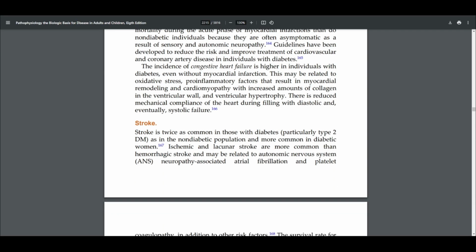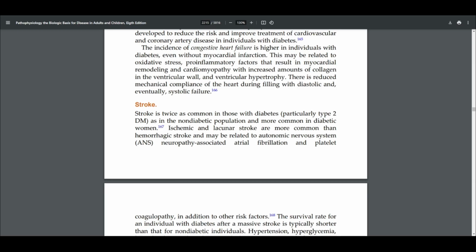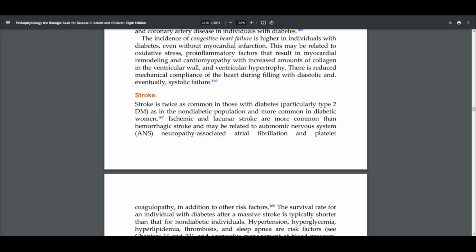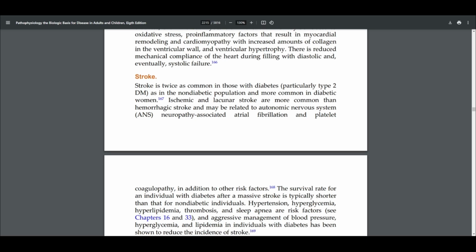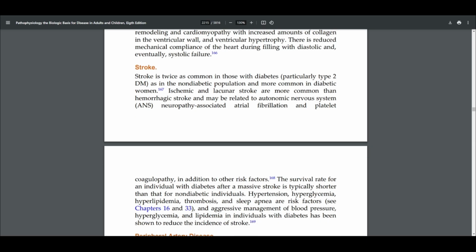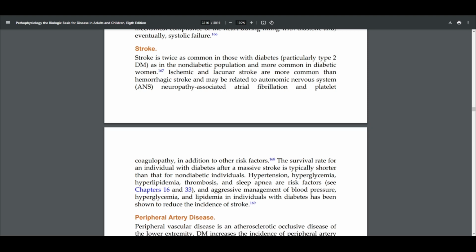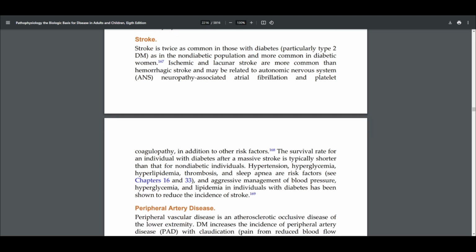Stroke is twice as common in those with diabetes as in a non-diabetic population, and more common in diabetic women. Ischemic and lacunar stroke are more common than hemorrhagic stroke and may be related to autonomic nervous system neuropathy-associated atrial fibrillation and platelet coagulation, in addition to other risk factors.